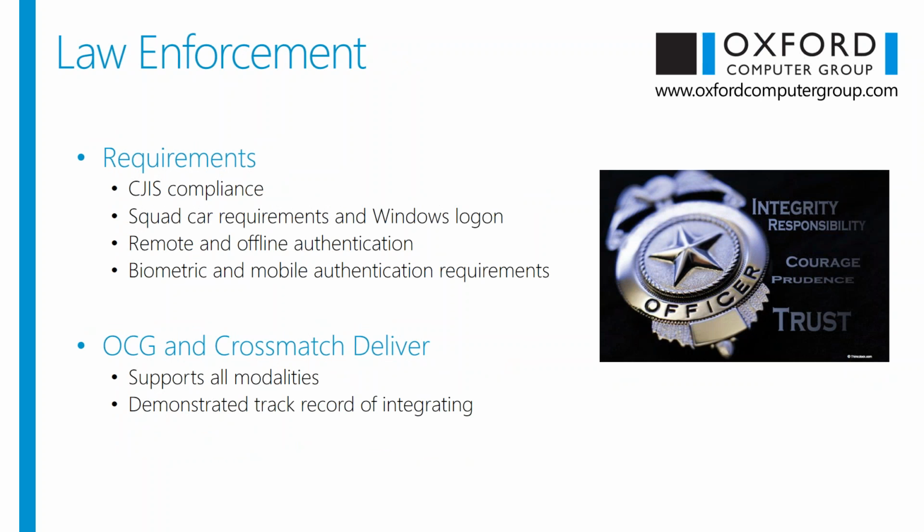So law enforcement, there's the CJIS requirement. So if you're out in a squad car, you're a patrol officer, and you want to get access to any federal database that includes information about the bad guys, you will need to make sure you do so in a multi-factor way, and do that through the squad car terminal.